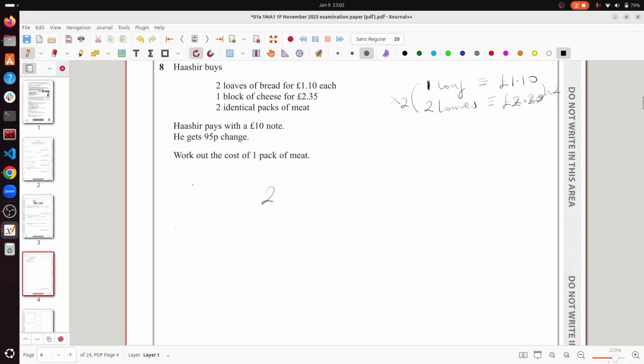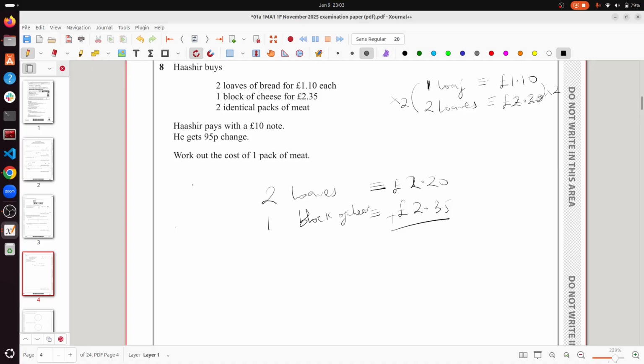So we know that the 2 loaves of bread cost him £2.20. We know that the 1 block of cheese cost him £2.35. Now both of these are going to cost him what?